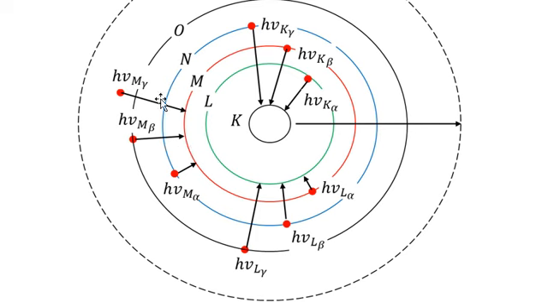Similarly, the M series is created when an electron from the M shell is removed or ionized, and the electrons in the surrounding orbits will come to fill this vacancy, as indicated by these black arrows. So I have shown these three series: K series, L series, and M series.